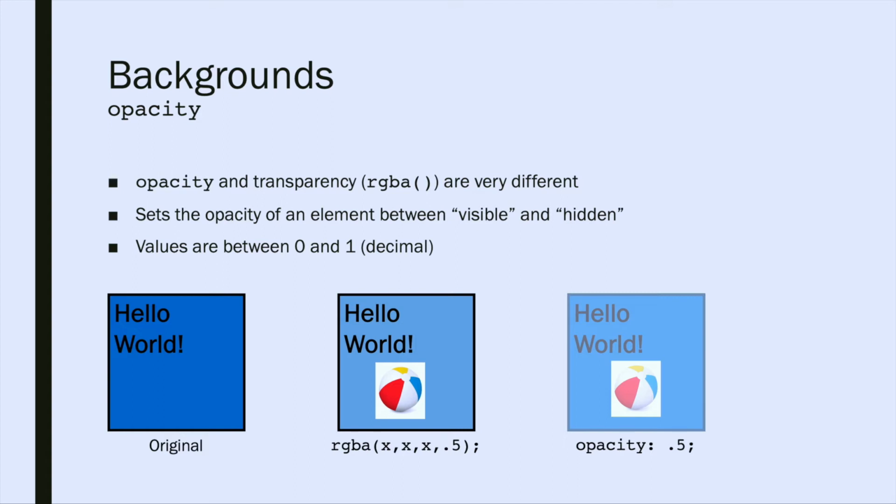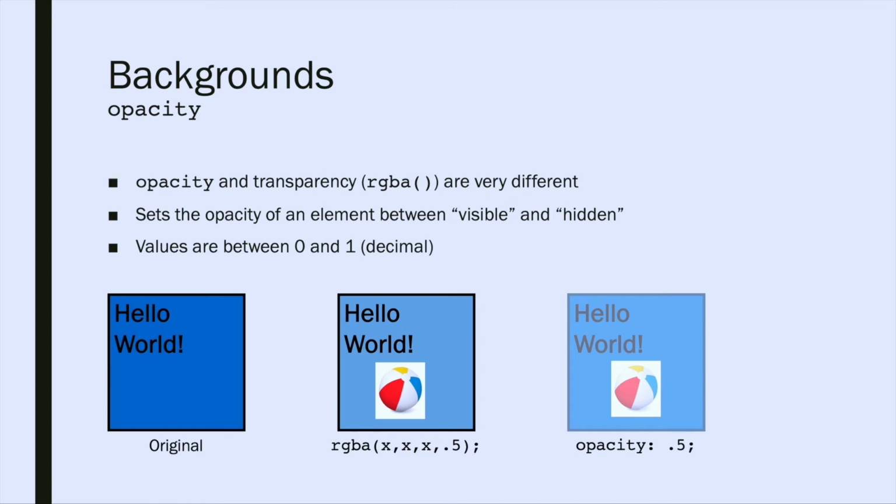Well, by saying RGBA and then the specified color values and then 0.5, this is setting the background transparency only. So everything in the element is still viewed and is still viewable. But if we set opacity, that means that the element itself and everything in it now has the opacity of 0.5 or 50%.